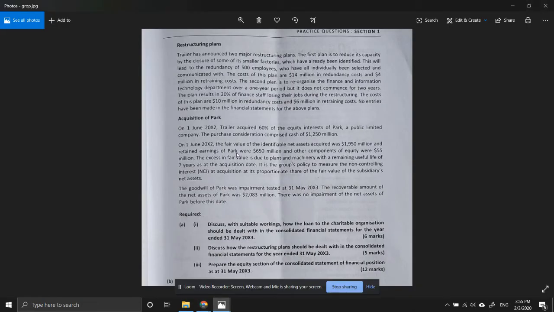In the second case, what has happened is that it does not commence for 2 years. The plan results in 20% of finance staff losing their jobs, the cost of this plan is 10 million, and no entries have been made, right? So what we need to figure out is whether there is a present obligation.